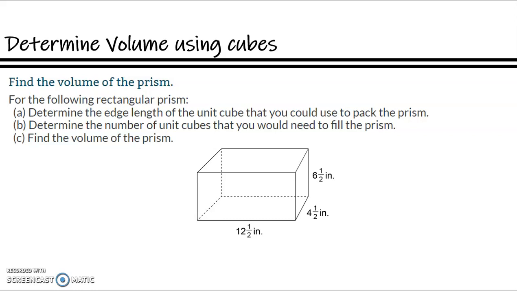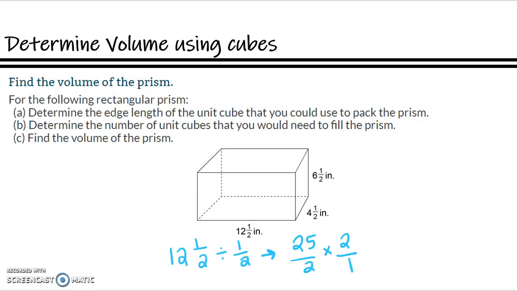In order to figure this out, I'm going to take each dimension and divide it by 1/2 because I want to know how many halves fit inside 12.5. So I'm going to make this improper. That would be 25/2, and I'm going to multiply by the reciprocal when dividing with fractions.